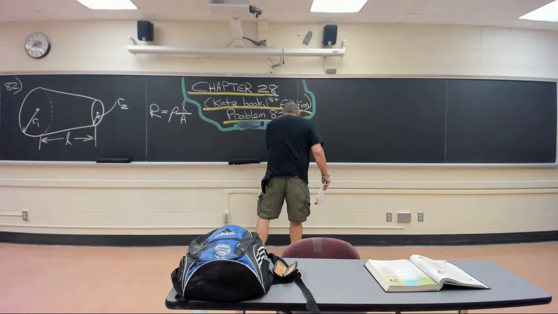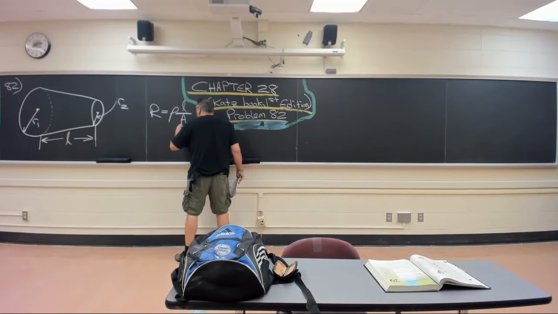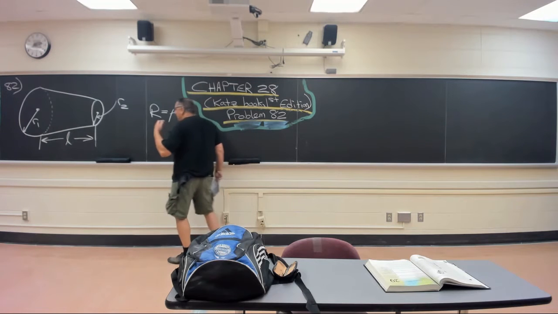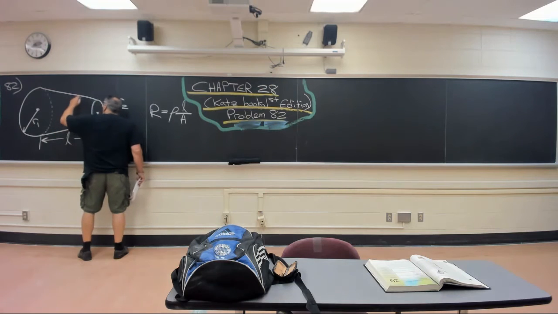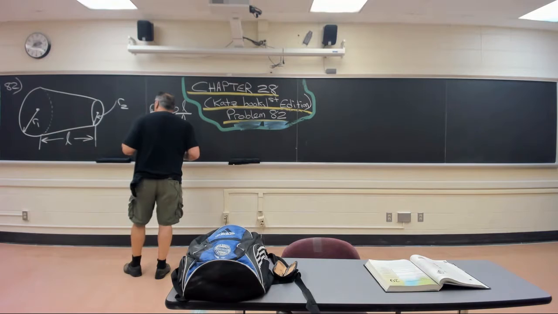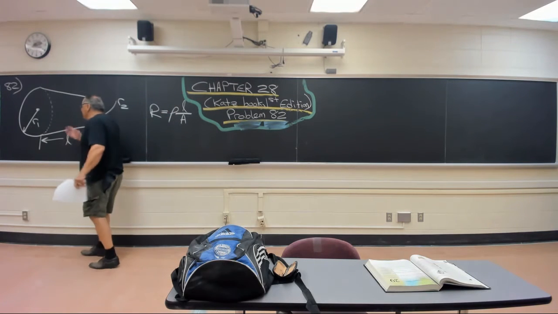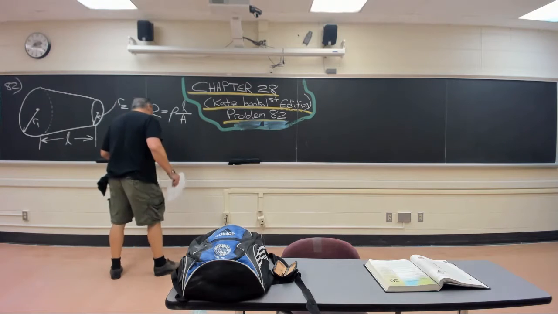No matter where you measure it, the cross-sectional area is going to be a constant in a lot of circumstances. Well, it's certainly not a constant here. The cross-sectional area here gets smaller and smaller and smaller until it goes to here. The radius changes in a linear fashion, which is of interest as well.